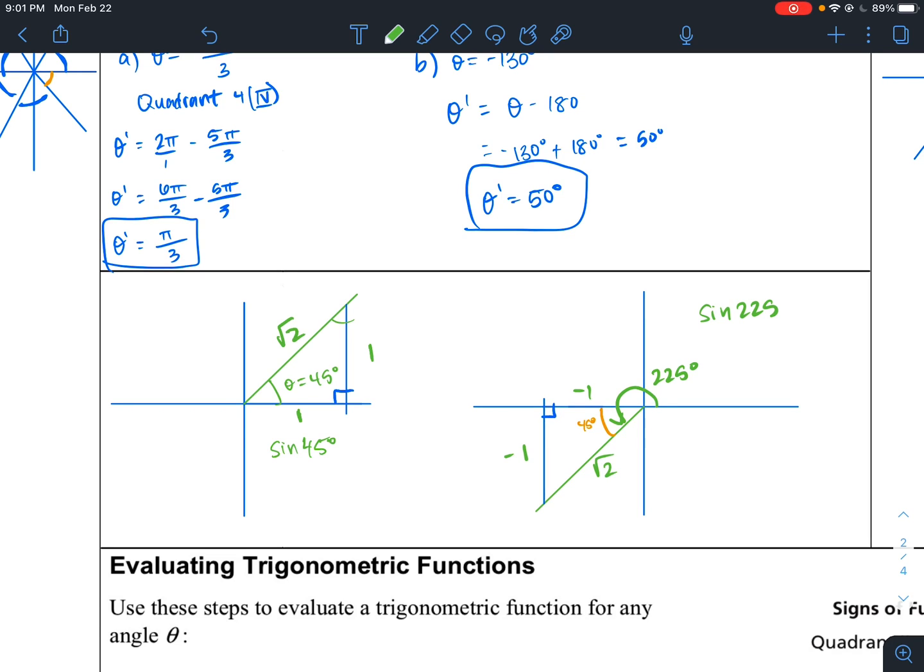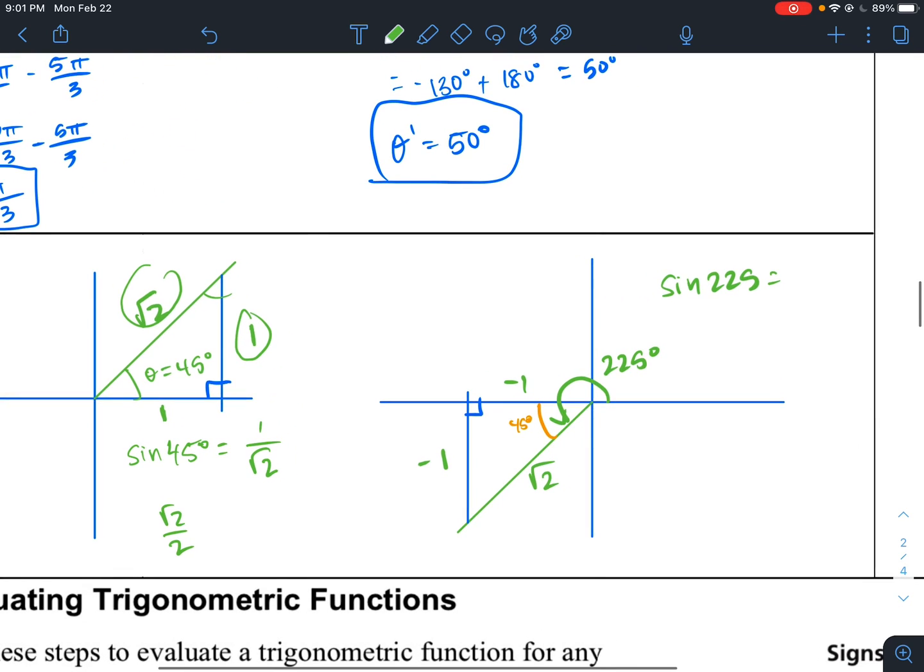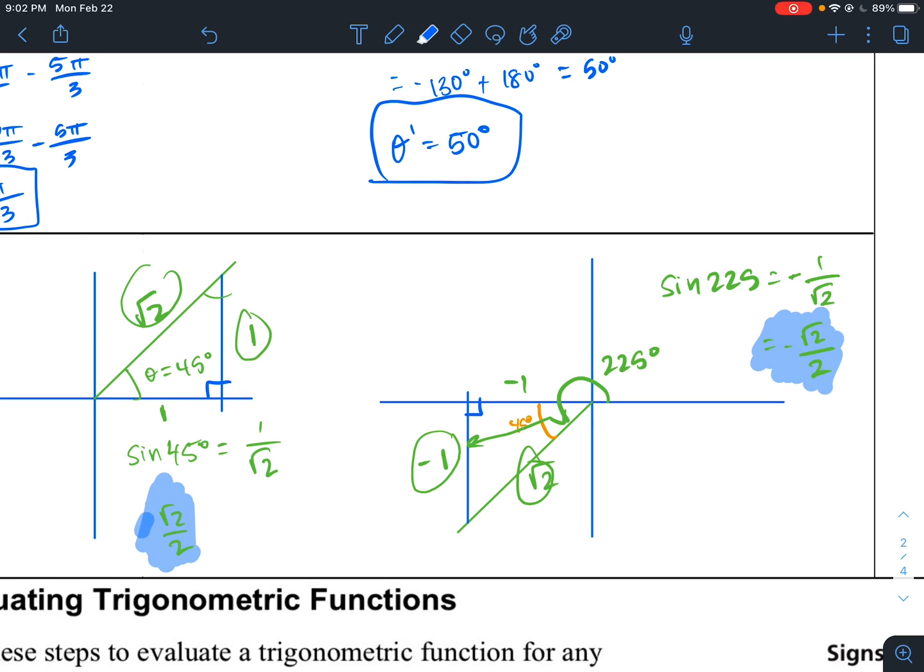So on the left side, sine of 45 would be 1 over the square root of 2. And if you rationalize the denominator, it would be square root of 2 over 2. Now, over here, this would be equal to negative 1 over the square root of 2, and if you rationalize the denominator, you have negative square root of 2 divided by 2. So notice here and here, you have essentially the same answer, just different signs.